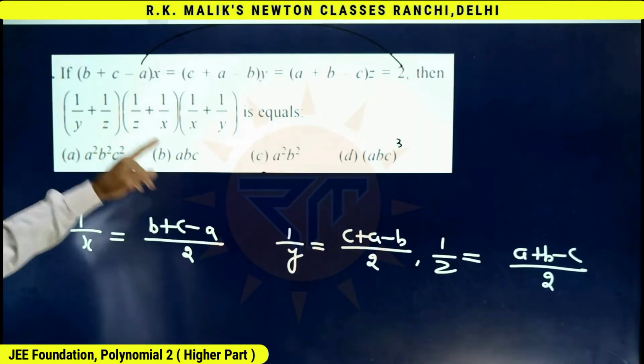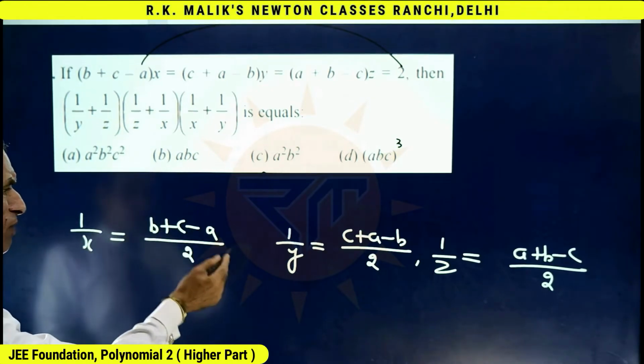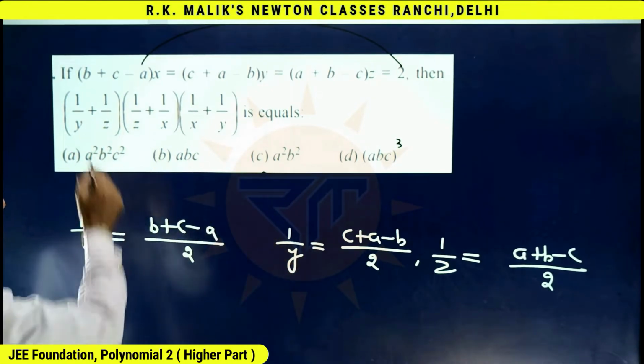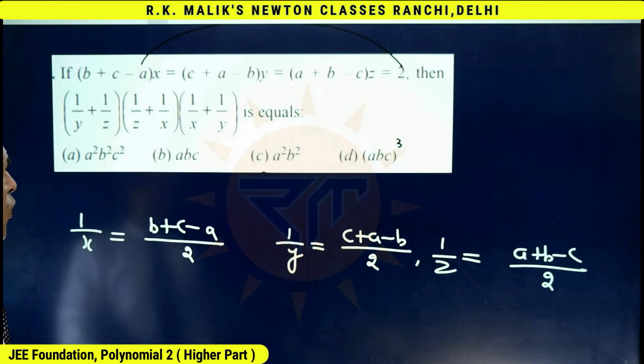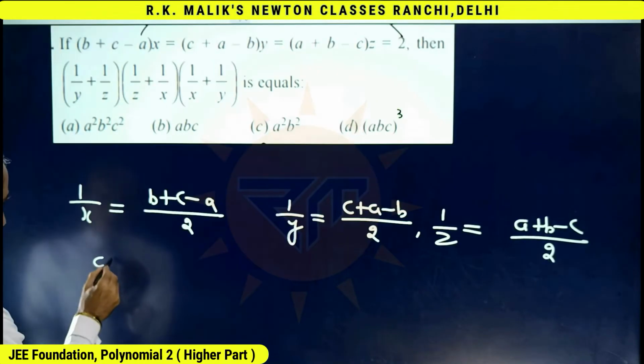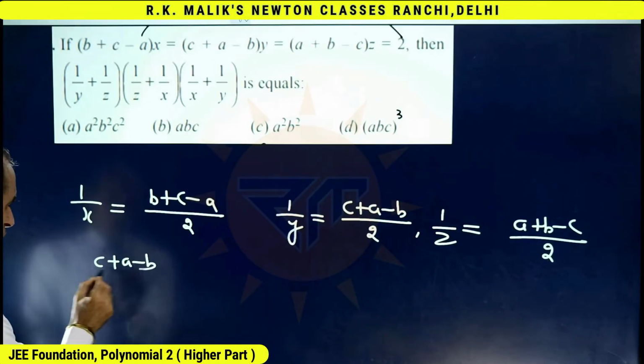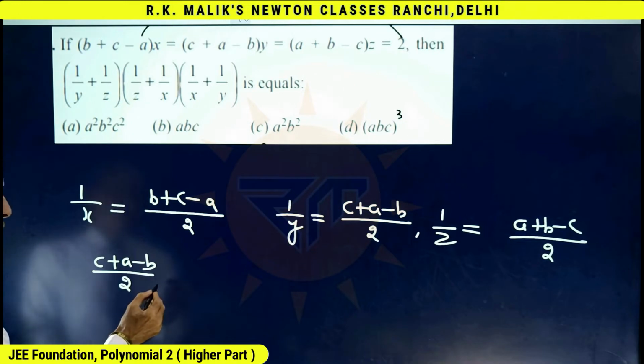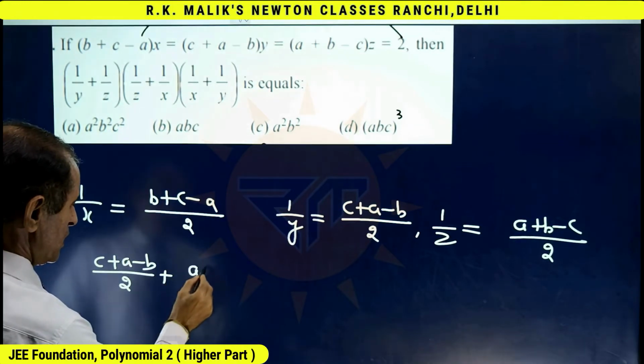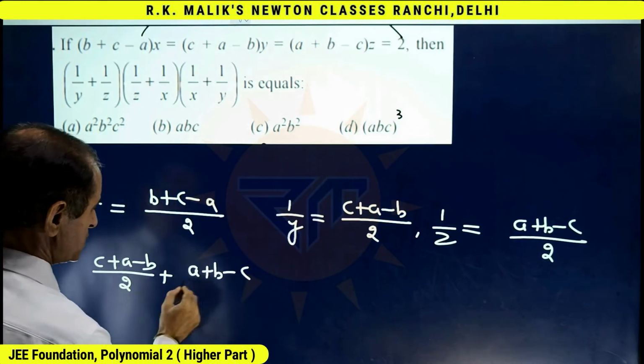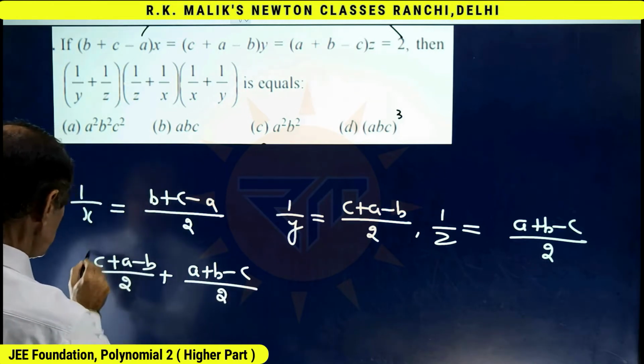And putting the values of 1 by x, 1 by y, 1 by z here, it is very easy to observe that c plus a minus b by 2 plus a plus b minus c by 2.